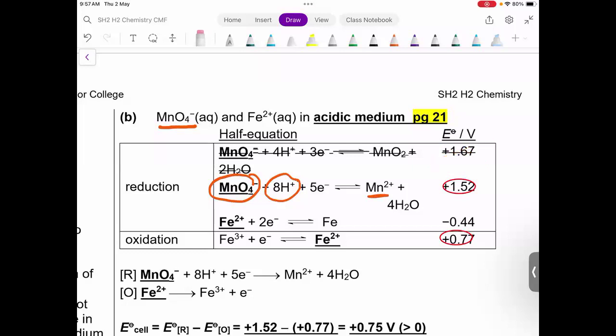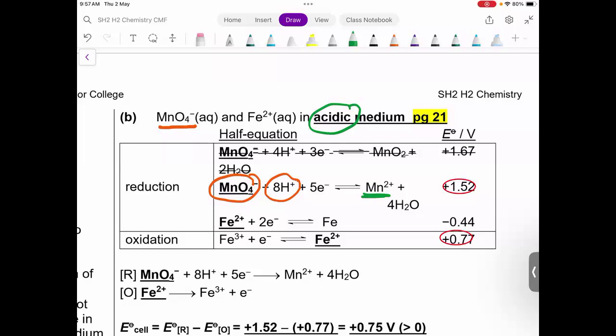Manganate, you must always remember, has Mn2+ as the reduced product. Don't consider manganese dioxide unless the question says so. If not, by default, under highly acidified medium, it will be reduced to Mn2+.